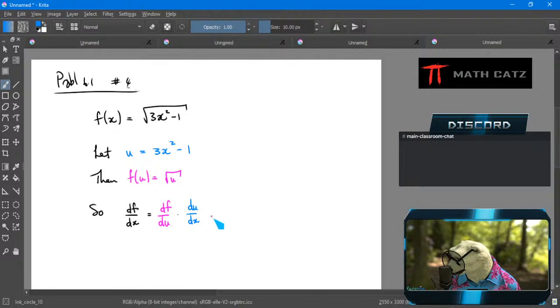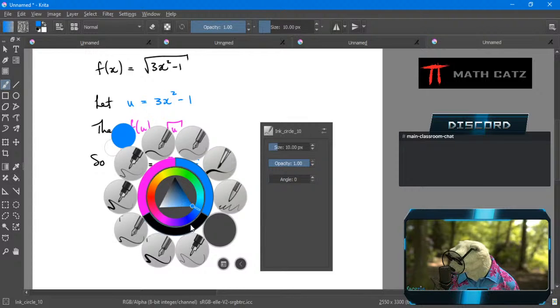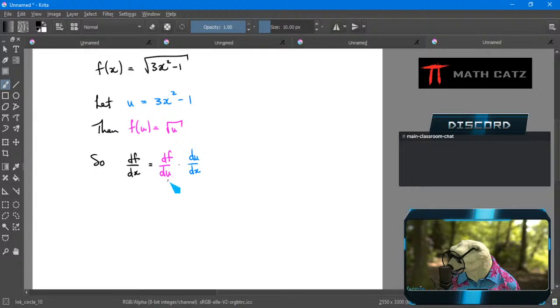Completely separate. And it honestly doesn't make any sense to me why you would want to do these at the same time. The chain rule works because it allows me to look at these separately, because each one only requires basic properties.